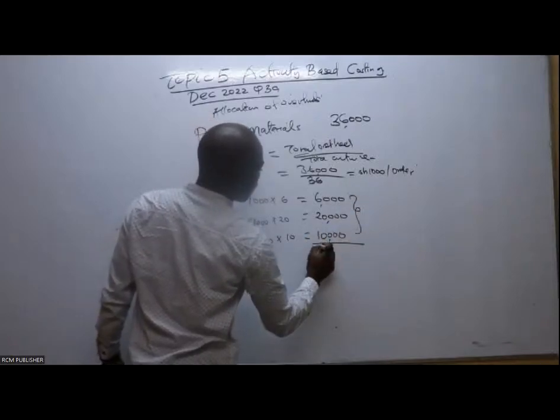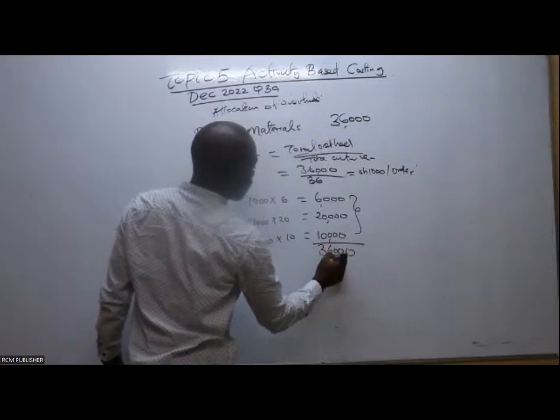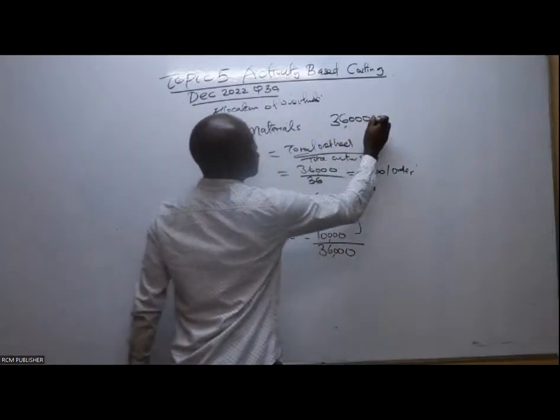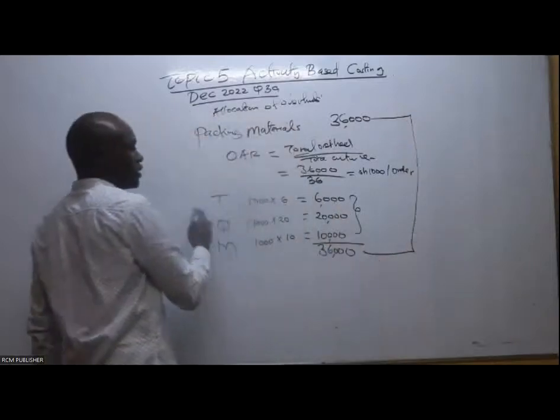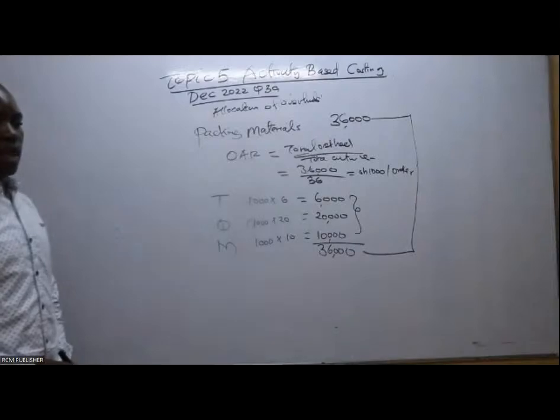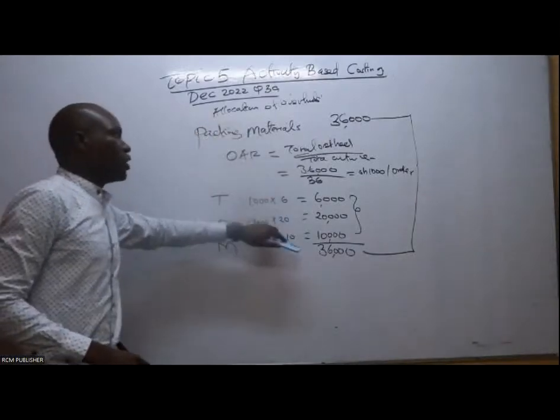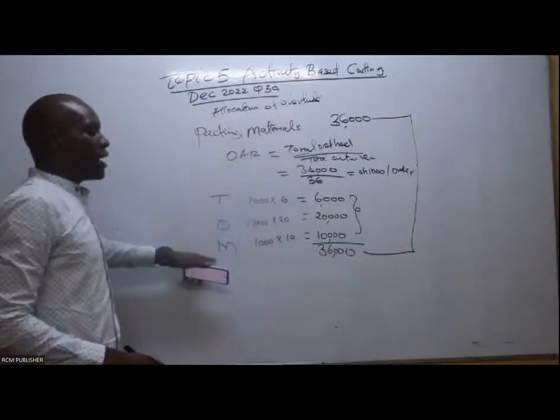I'm getting 36,000. Where is this 36,000 from? It is this one here, which I am distributing to the departments. That is what we are doing to these 3 departments.